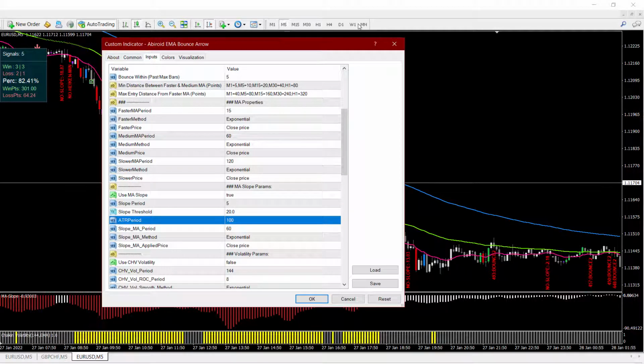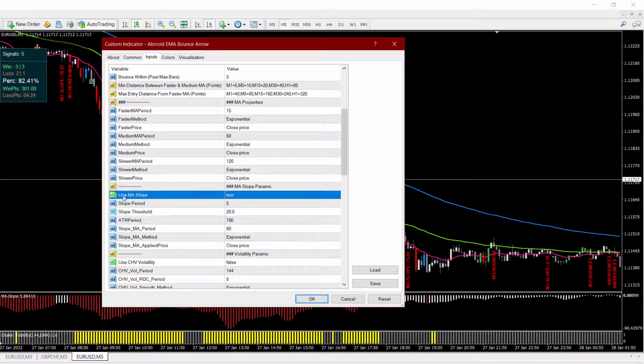And if we move up to higher time frames like D1 or W1, then the slope values would be much less. So in order to normalize that, so all the time frames have similar slope values, we use the ATR period and the M15 slope.